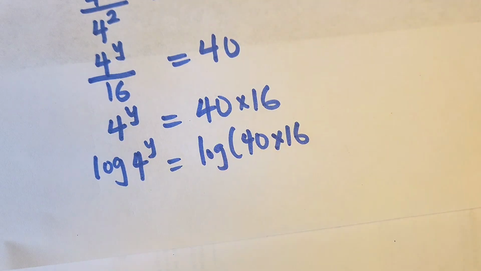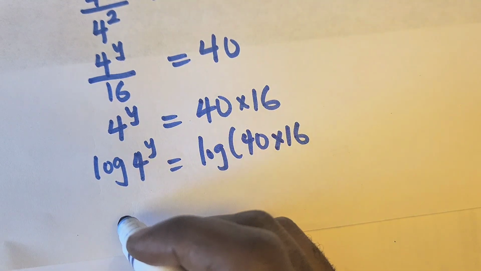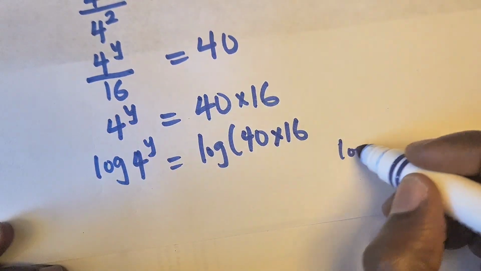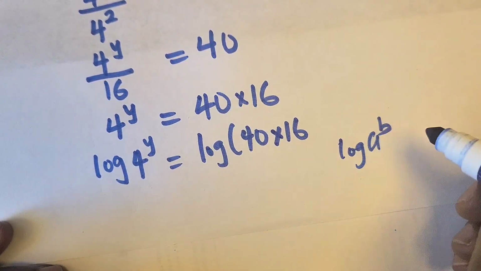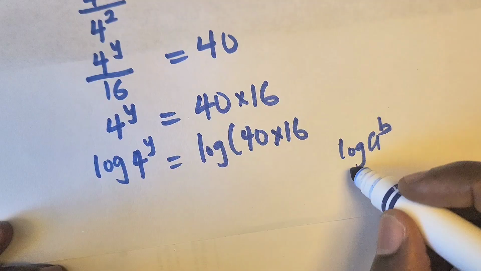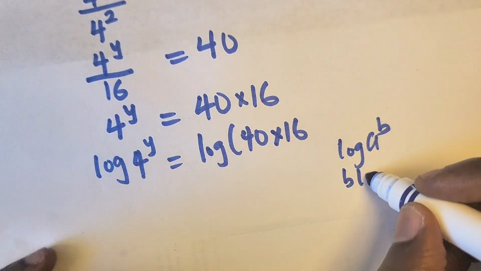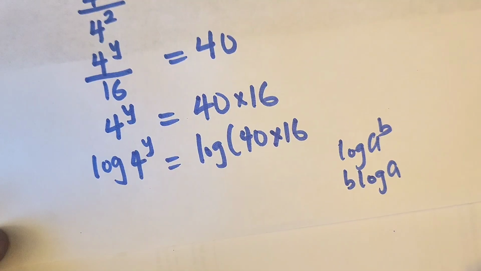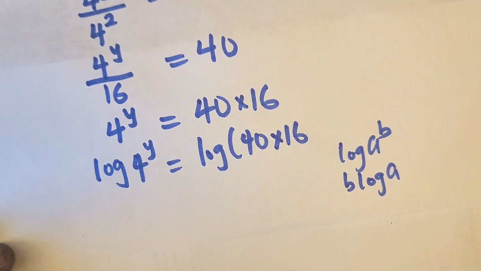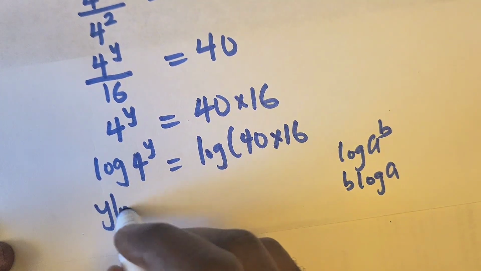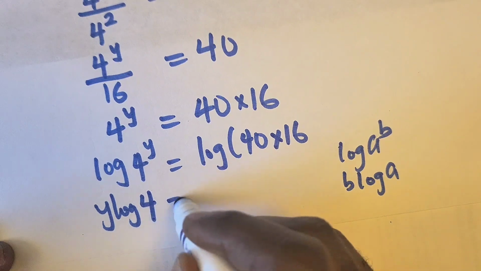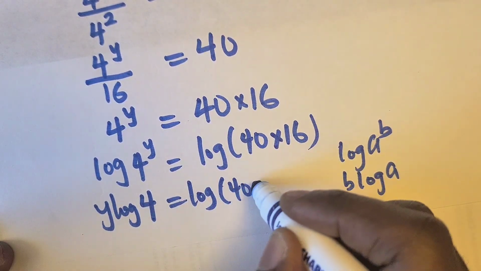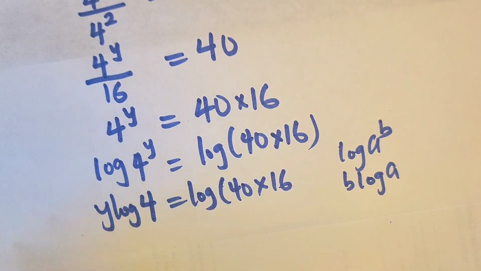If you look at this carefully, if you have log a to the power of b, this can be written as b log a. So I'm going to use the same approach to solve this, and here I'm going to have y log 4 equals log 40 multiplied by 16.